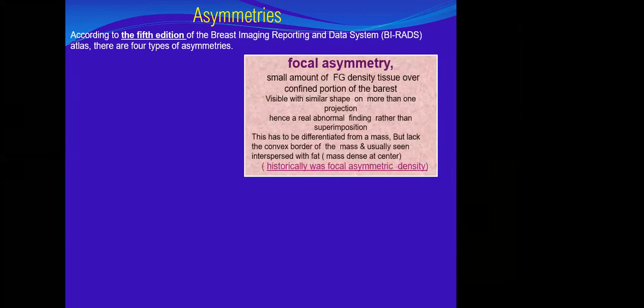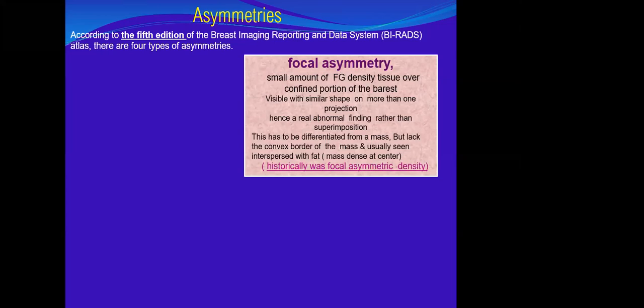Excellent. So we said focal asymmetry is a small amount of fibroglandular density over a confined portion of the breast, less than a quadrant, visible with similar shape on 2 orthogonal projections. So it is more similar to a mass and should be differentiated from a mass.